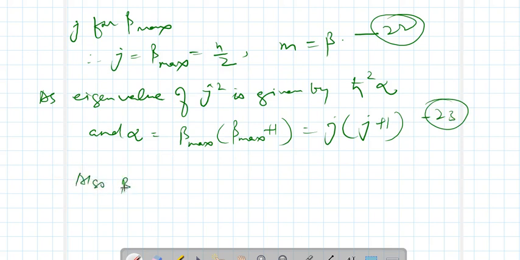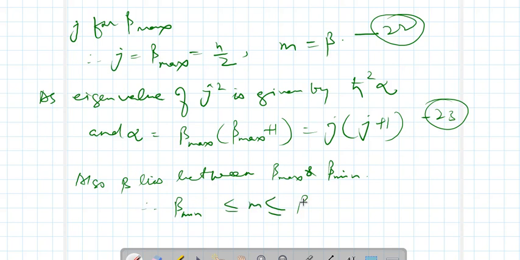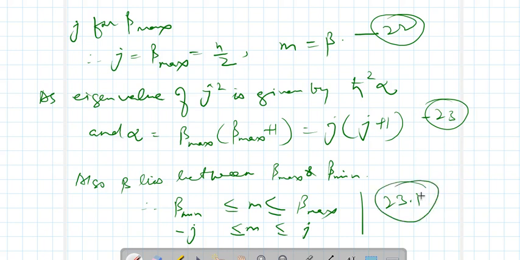Also, beta lies between beta max and beta minimum. So therefore, beta minimum is less than or equal to m is less than or equal to beta max, and beta max, the value will be j, m will remain as it is, and beta minimum is nothing but the negative of this, so that's why it is minus j. And let me call it as equation number 23.1.